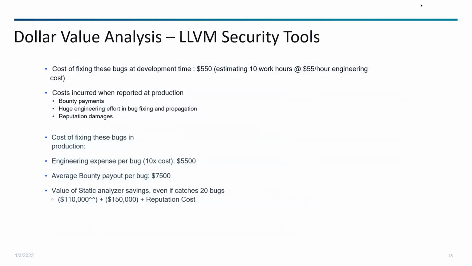So let's analyze what it costs if a security bug is detected after we have launched the product. Cost of fixing these bugs at development time, let's assume 10 hours, $55 per hour engineering cost, $550. Cost incurred when reported at production: bounty payments we have to make, and huge engineering effort in fixing that bug and propagating it to all the devices which are already in the market in the hands of the users.